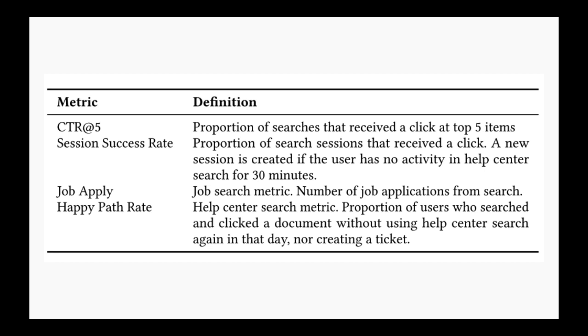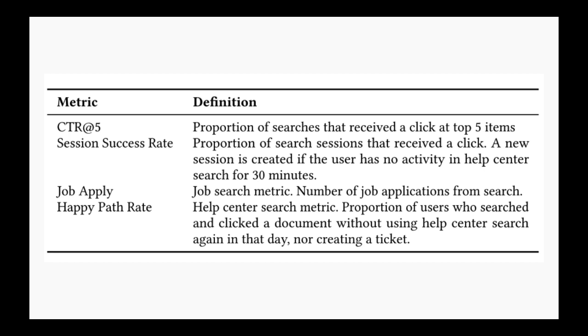If this is a very relevant search, the user should apply to a lot of jobs. Okay. Another one is happy path rate. It's basically to make sure how happy the customer is. So if the customer searches in the help center, then they did not use the help center again that day.